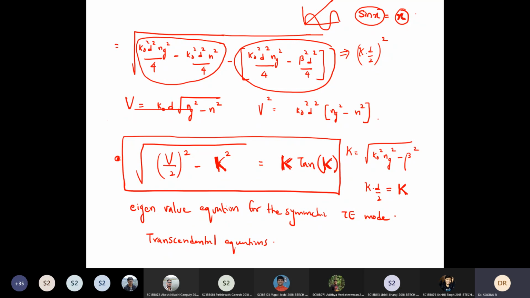So how do you call a mode a symmetric mode? So what is a symmetric mode? Can anyone answer this? Nishant is there? Nishant? Is he present or absent?